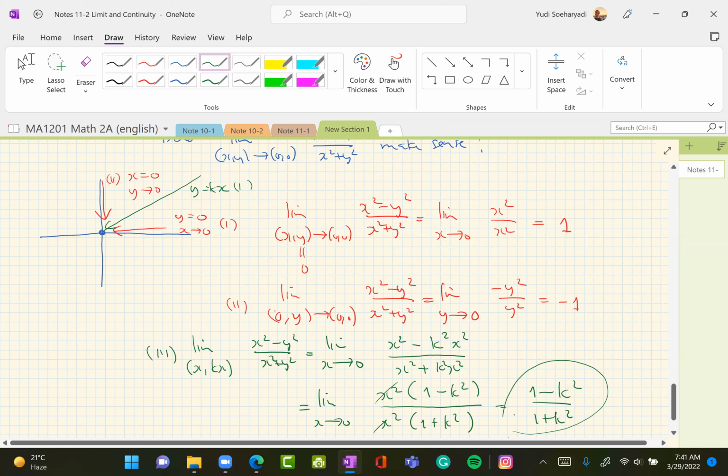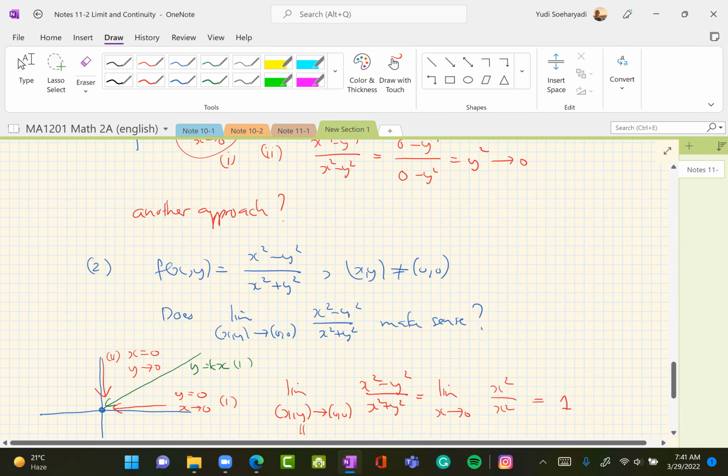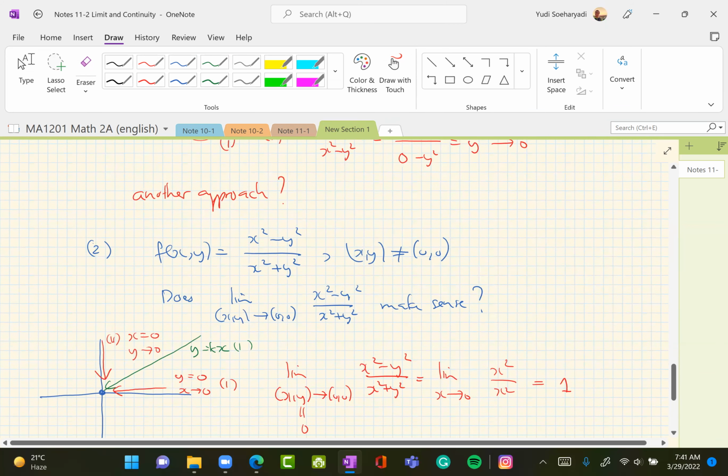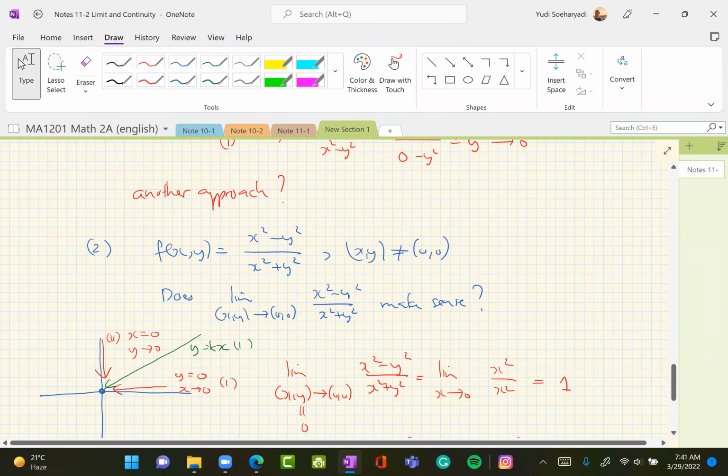So in this case, you cannot say anything about approaching 0, because it depends on how you approach 0.